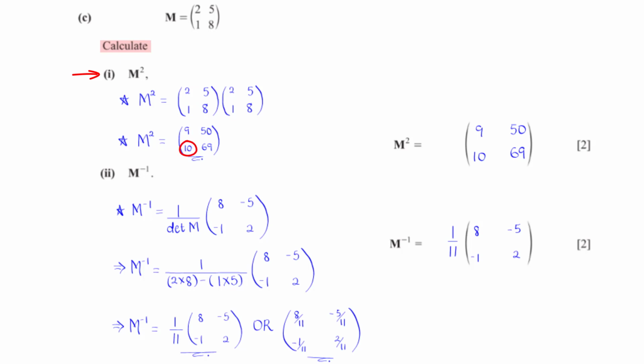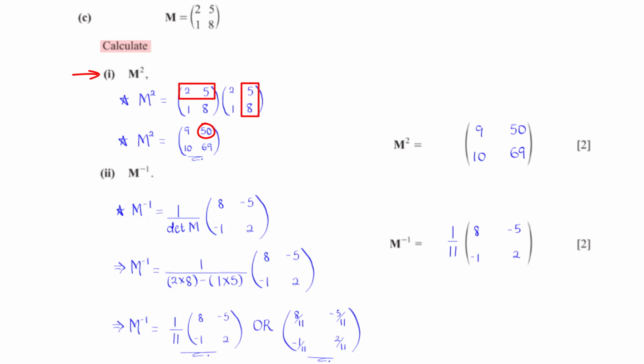To get the element in this position, we multiply the elements in row 2 of the first matrix with the elements in column 1 of the second matrix. So 1 times 2 plus 8 times 1 gives us 10. To get the element in this position, we multiply the elements in row 1 of the first matrix with the elements in column 2 of the second matrix.